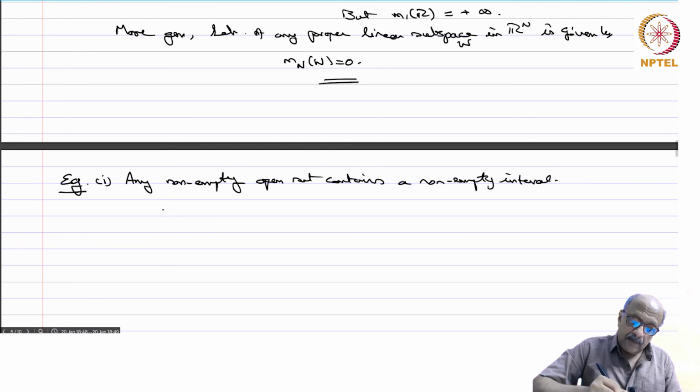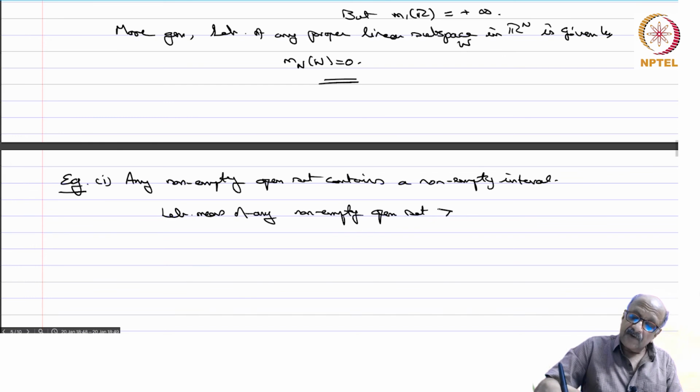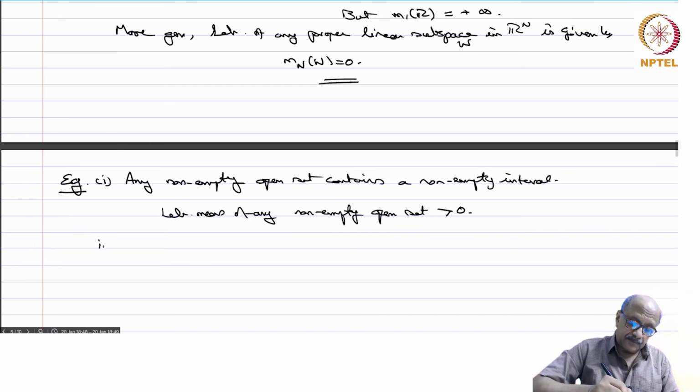Therefore, the Lebesgue measure of any non-empty open set is strictly positive.